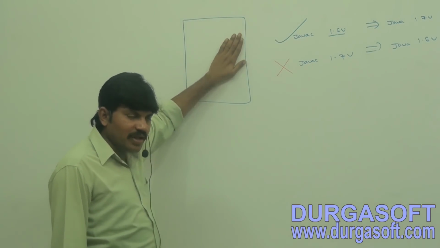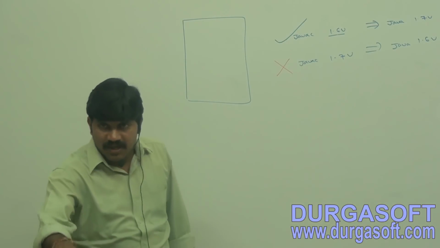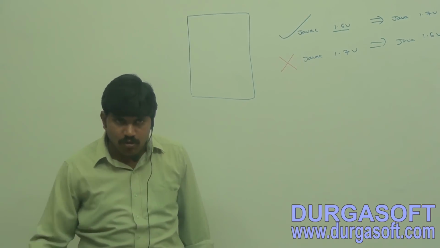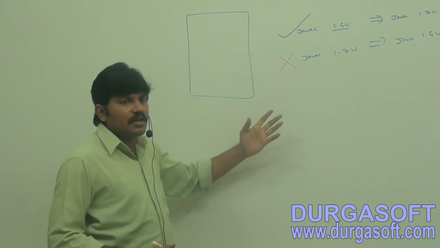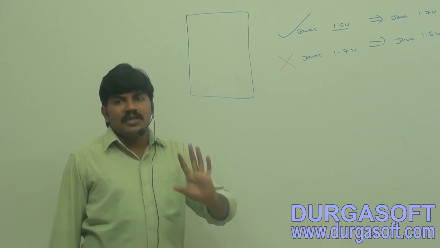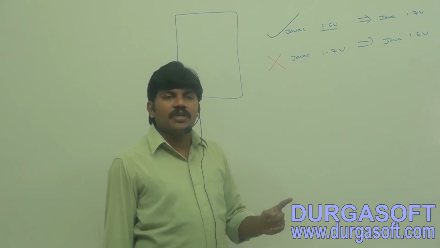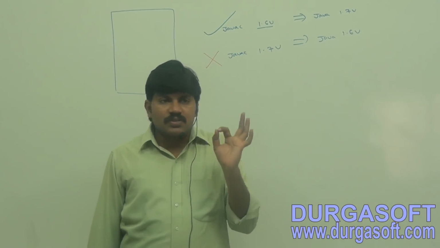Sir, this .class file was generated by which compiler: 1.6, 1.7, 1.8? How is it going to be decided? By using the minor and major versions. The minor and major version represent the .class file version.